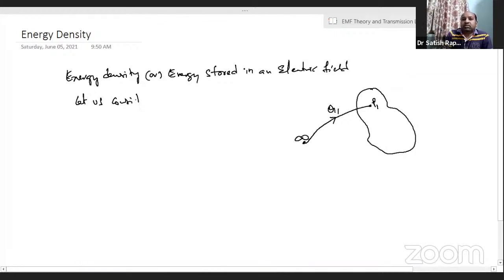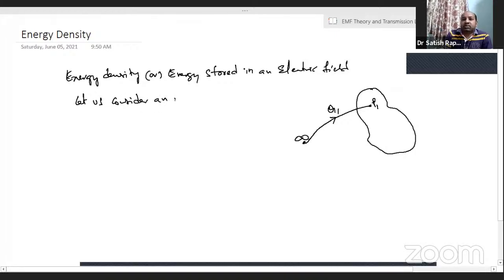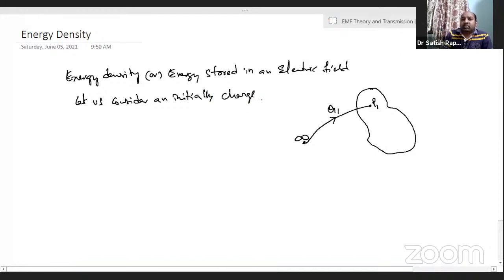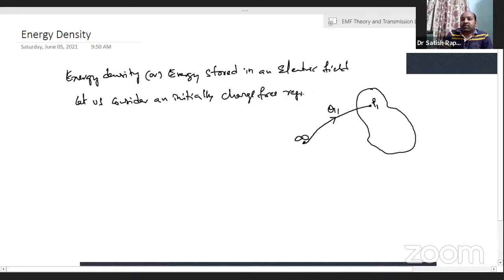Our aim, just keep this in mind, is to determine the work done, or energy, both are the same, in moving point charges from infinity to this region.